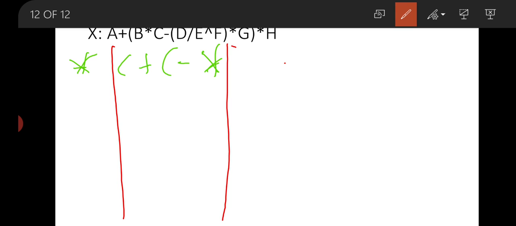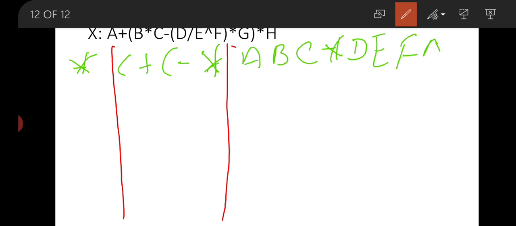multiplication, and our stack status will be a b c multiplied by d e f, and the exponent operator and the division operator. Now again we are going to scan the symbol g.